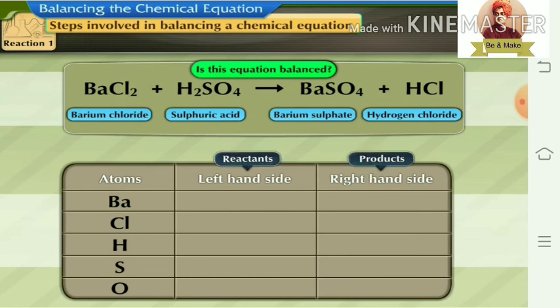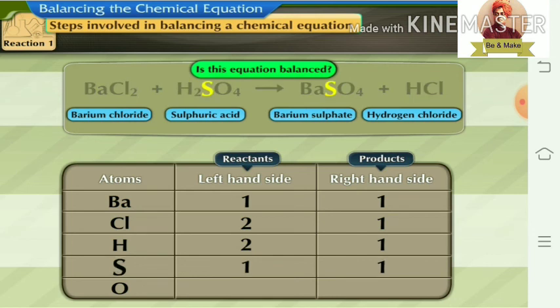So count the number of atoms of Ba, Cl, H, S and O. Barium, LHS 1, RHS 1, chlorine, 2 at reactant, 1 at product, hydrogen, 2 at reactant, 1 at product side. Now sulfur, both places 1 atom, and oxygen at both reactant and product side 4.